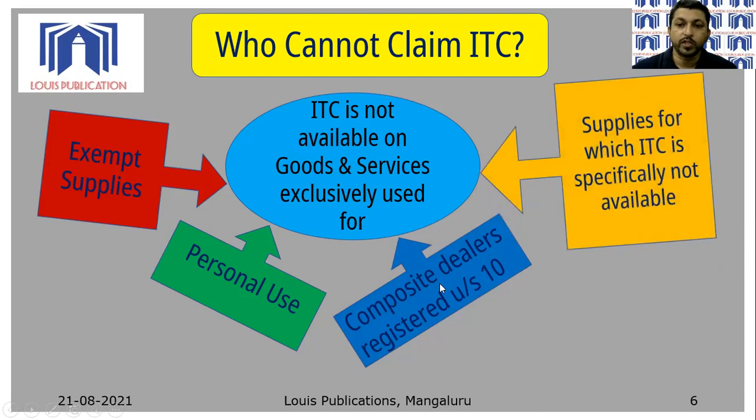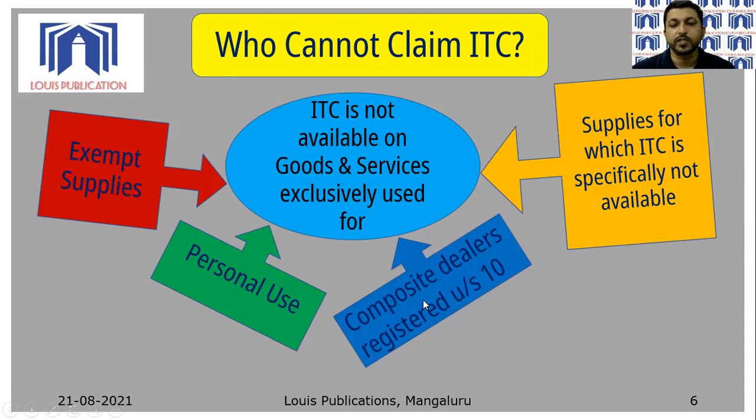Next is supplies for which input tax credit is specifically not available. If there are any such items where input tax credit is not available, such SSEs or suppliers cannot claim input tax credit at all. So the categories: exempt supplies of goods, you can take nil rated also, no input tax credit. Then if the goods or services are used for personal purpose, no input tax credit can be availed.